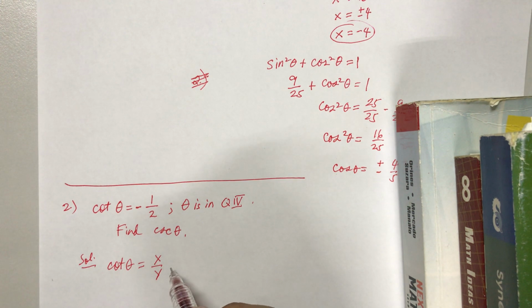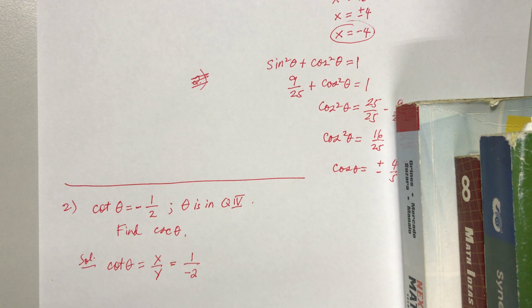Hence, cotangent theta, which is negative 1/2, is actually equal to 1 over negative 2. It should not be equal to negative 1 over 2. Rather, it is equal to 1 over negative 2.